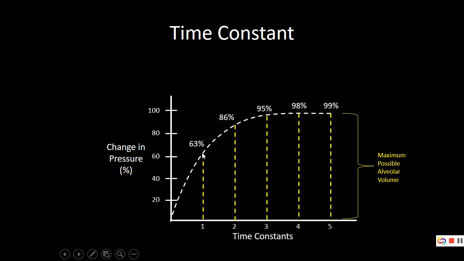So one time constant is 63% of that lung's maximal volume. 2 time constants is 86%, 3, 95, 4, 98, 5 is 99%. So most people would say that it takes 5 time constants to fully inflate or deflate a lung.